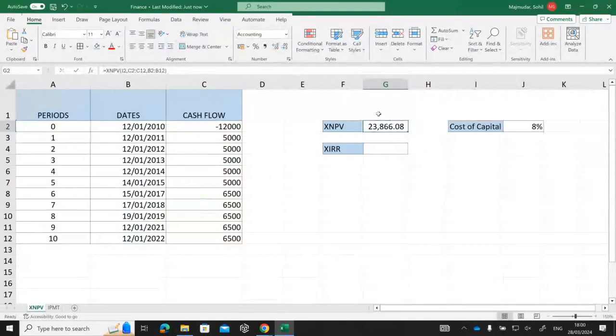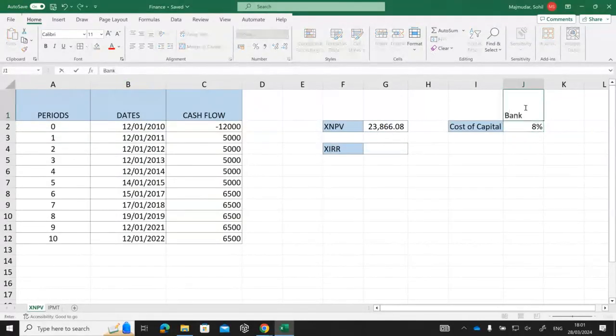Now, what is the meaning of this? It's the same as NPV. It means in this investment you'll make £23,000 more compared to just putting your money in the bank at 8%. So which is a better investment, to do this or to put the money in the bank?